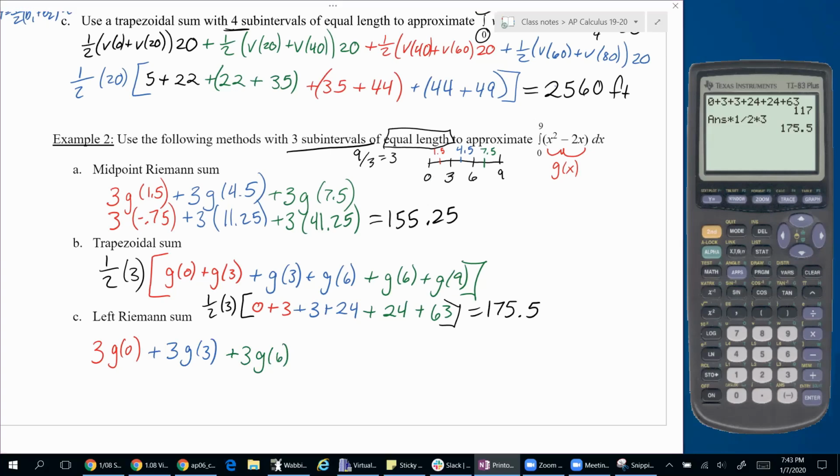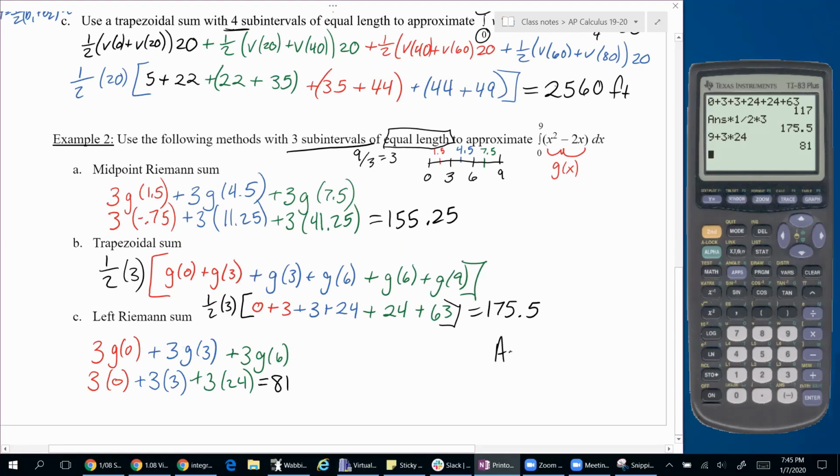So evaluating this, g at 0, well, we find that already is 0, plus 3, g at 3 was 3, plus 3 times g of 6, g of 6 was 24. We get 81.